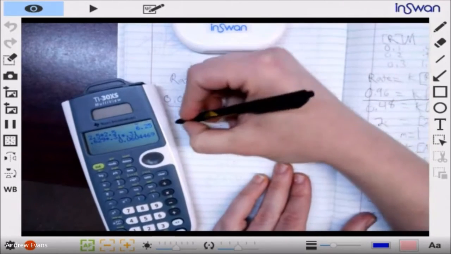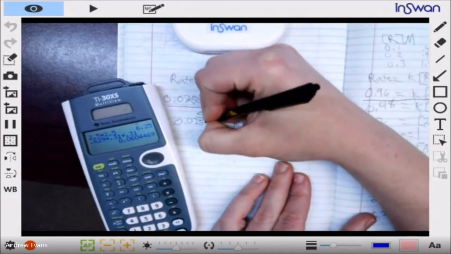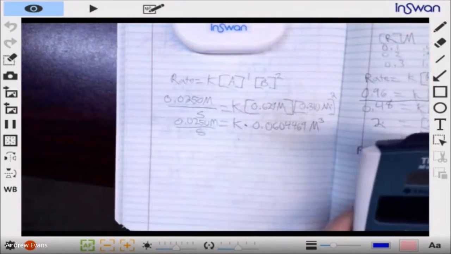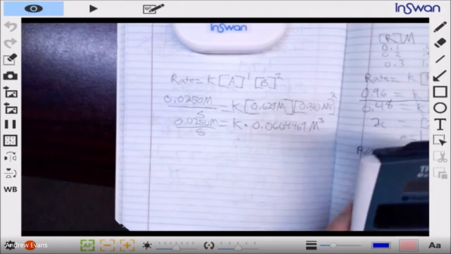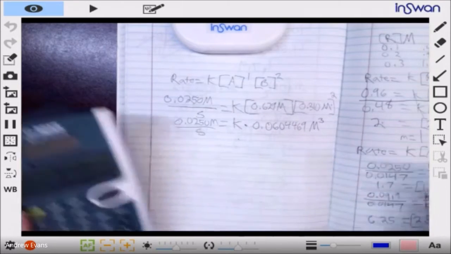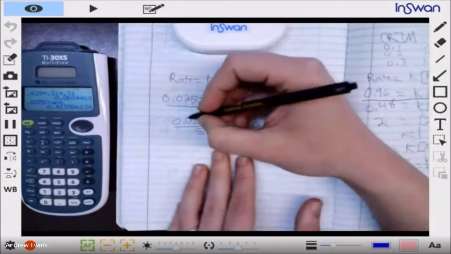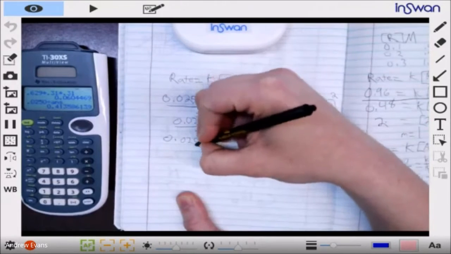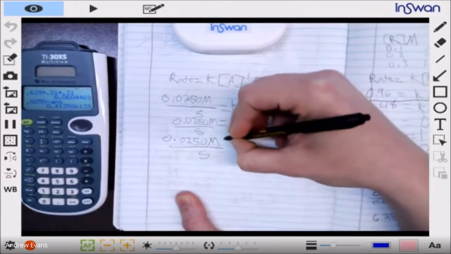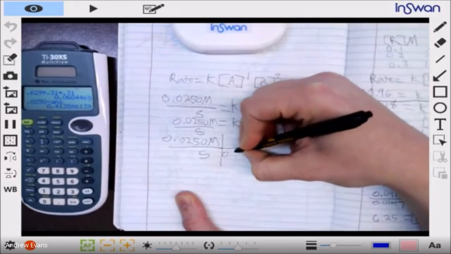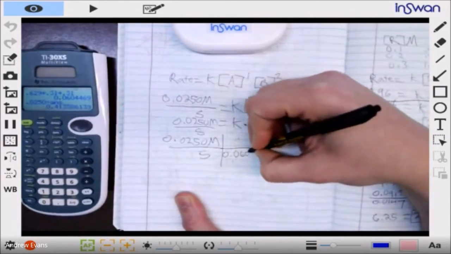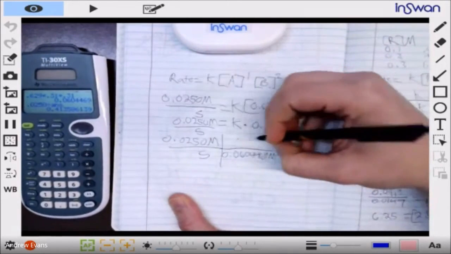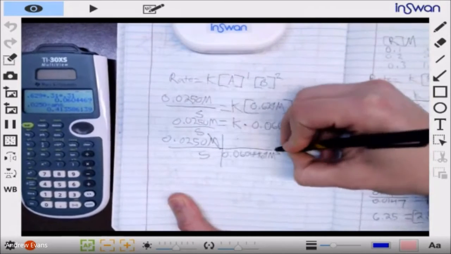Now solving for K, divide by our M cubed value on each side. 0.0250 molar over second divided by 0.06044469 molar cubed. The reason I'm writing this long style is because we want to cross out one of those M's.